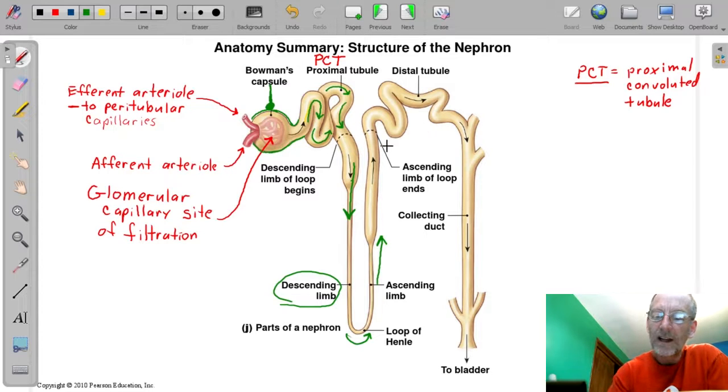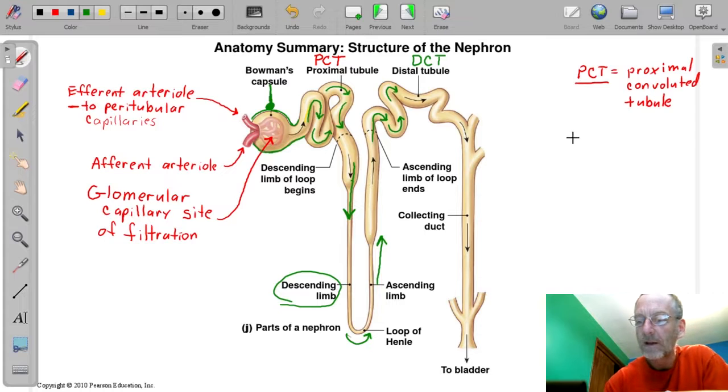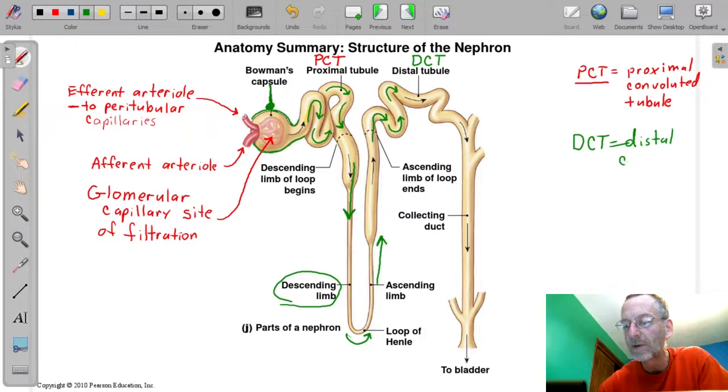And then it flows into the distal tubule, which is also twisted and kinked. So it's often referred to as the distal convoluted tubule, or DCT. So the DCT equals the distal convoluted tubule.